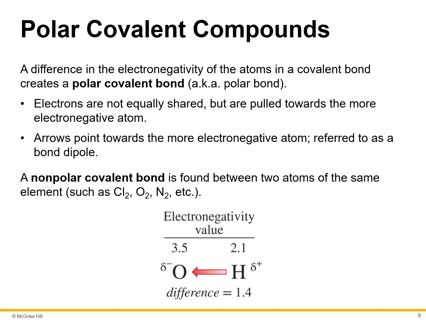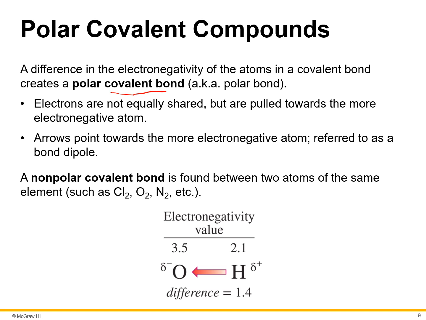Covalent means that they're sharing electrons, and polar means simply that one end is more positive and the other end is more negative. In our case, for water, oxygen will be partially negative and hydrogen will be partially positive. The difference here between 3.5 and 2.1 is 1.4.